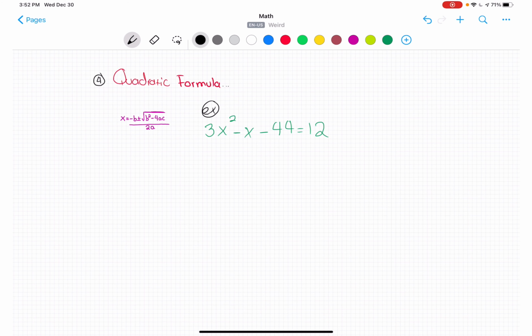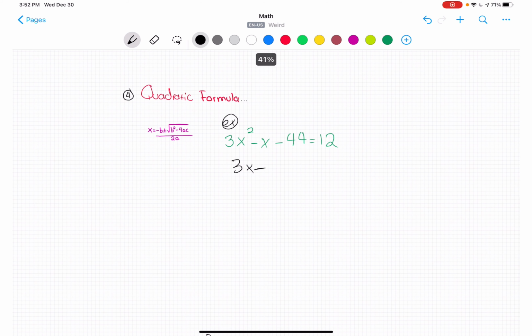So here, since we have 3x squared minus x minus 44 equal to 12, we need the number after the equal sign to be 0. So what we would do is subtract 12 from both sides, so we would be left with a negative, combined with a negative, so we're just adding, right? Or subtracting, however you want to call it.